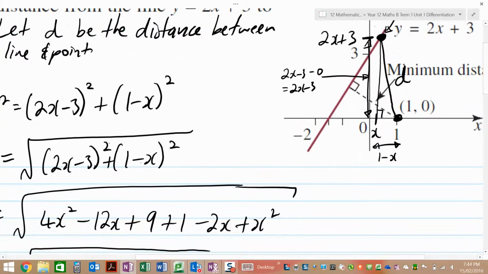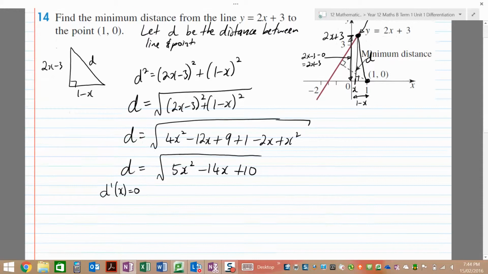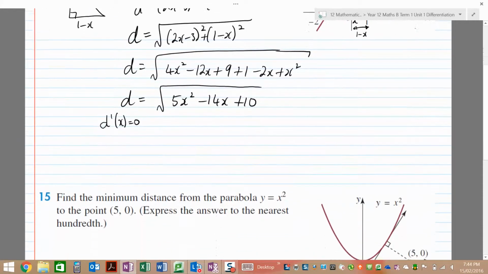Essentially we're going to end up with this answer, since we've drawn the diagram. In reality you don't need to draw the diagram at all, as we'll see in one of these next examples.